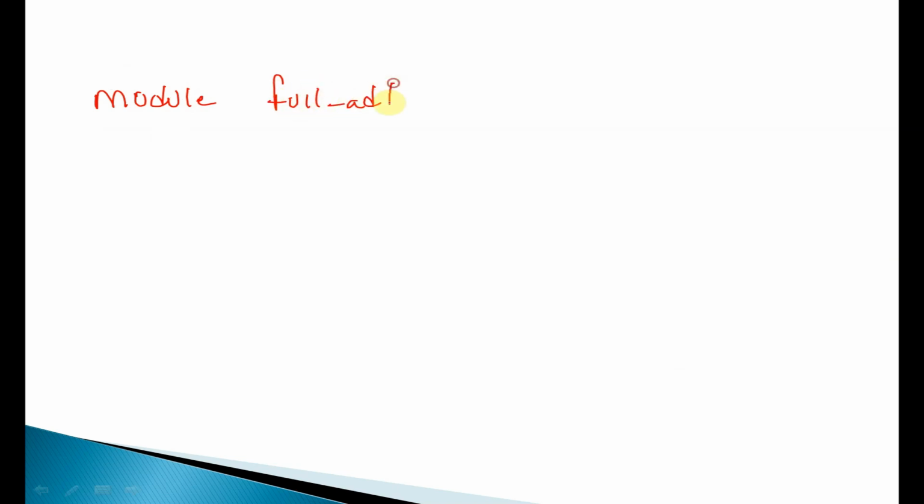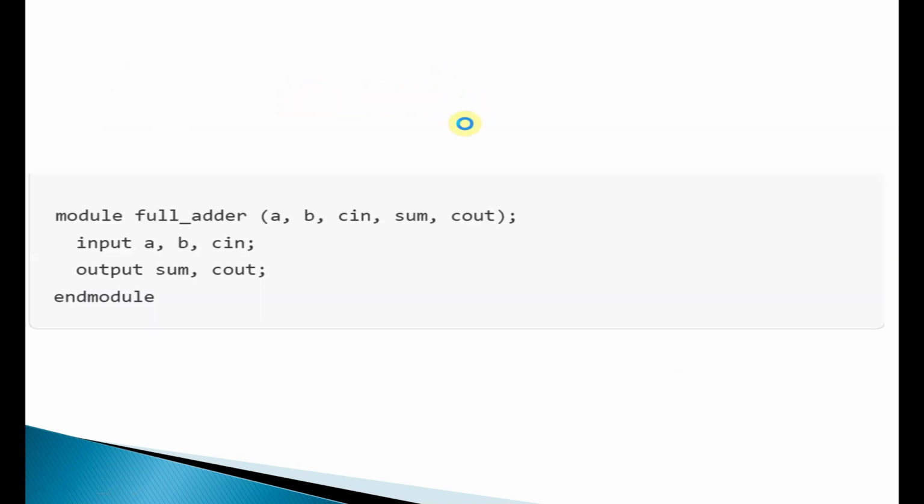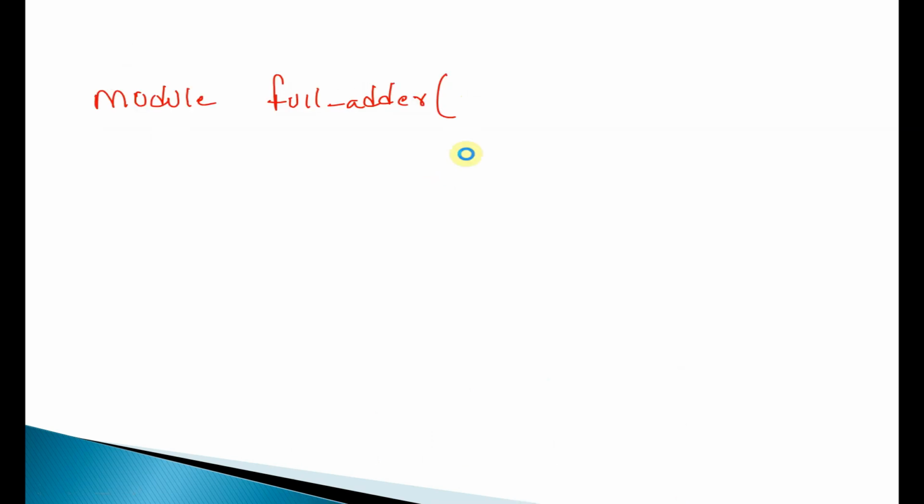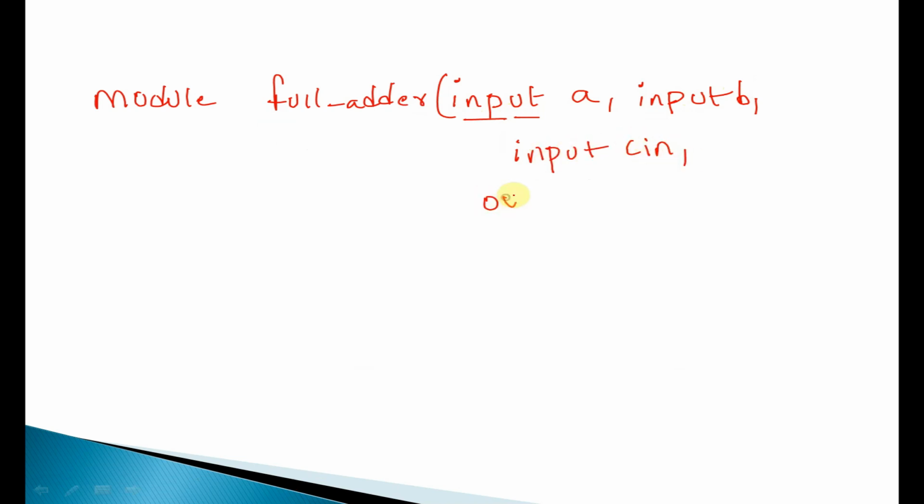full underscore adder. Inside this, instead of mentioning the ports without direction, you can mention them with the direction itself. Input A, comma, input B, comma, input C in, comma, output sum, comma, output carry, followed by a semicolon.